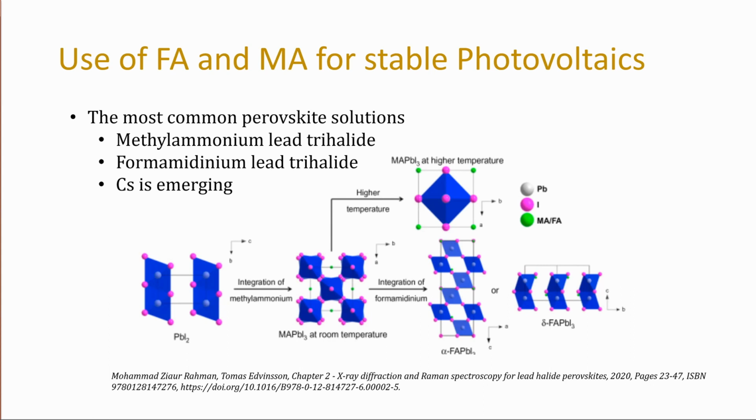As you can see in the diagram, the common lead iodine solution, with lead being the cation and iodine being the anion, is mixed with either methylammonium, formamidinium, or both to create the crystal structure. So you can see in the second step that methylammonium lead iodide perovskite forms an undesirable tetragonal structure at room temperature, but when those crystals are heated, the phase transitions to the desirable cubic structure.